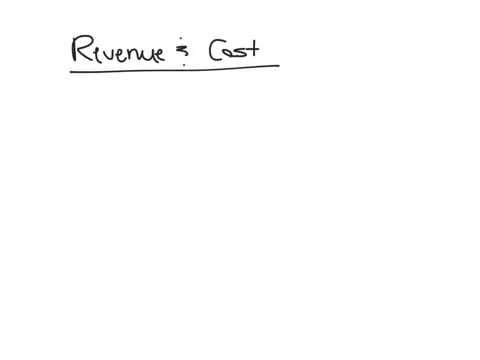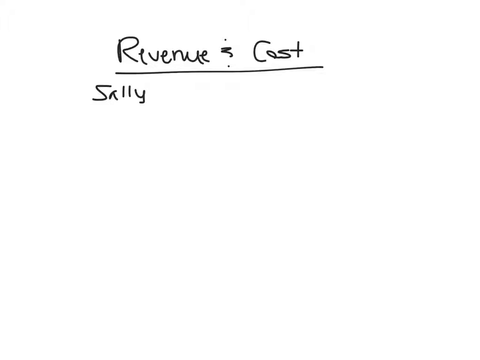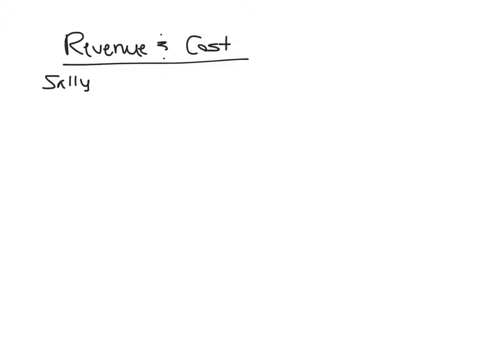Next example is our revenue and our cost equations and examples. So let's say we have Sally. Sally has a fixed cost of $1,000 per month.